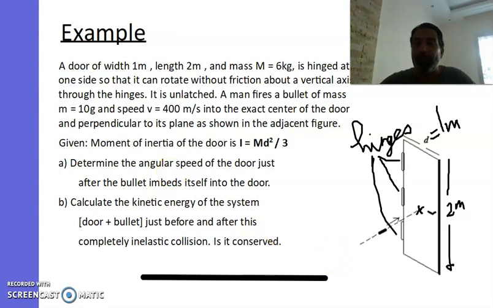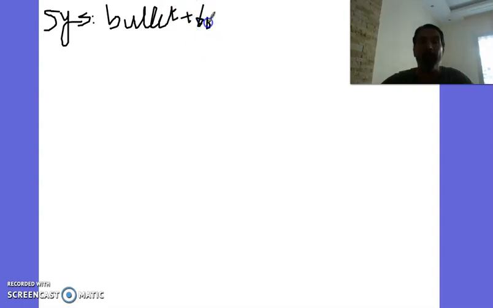Here, our system is the bullet plus the door. Now, what are the external forces acting on this system?